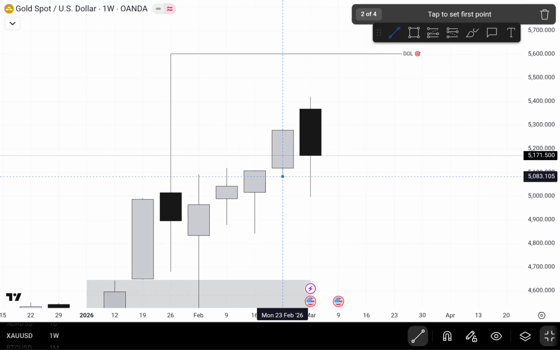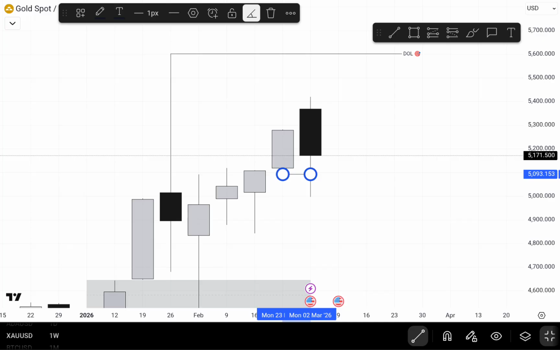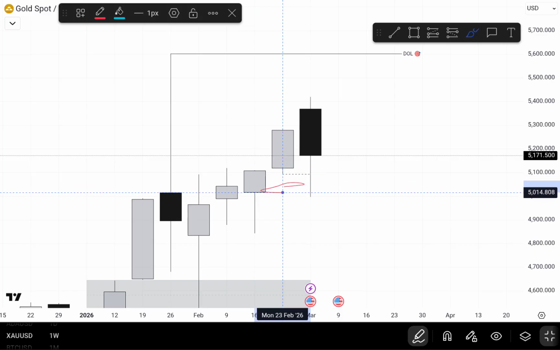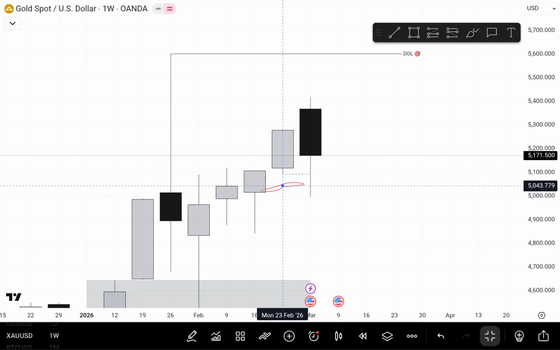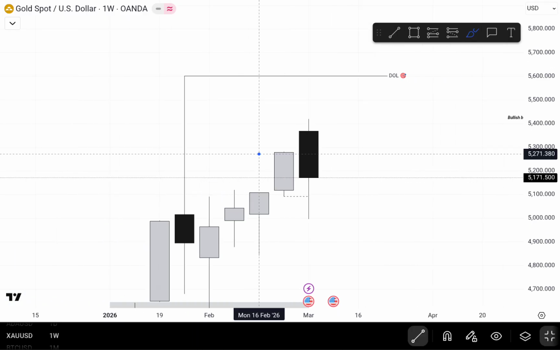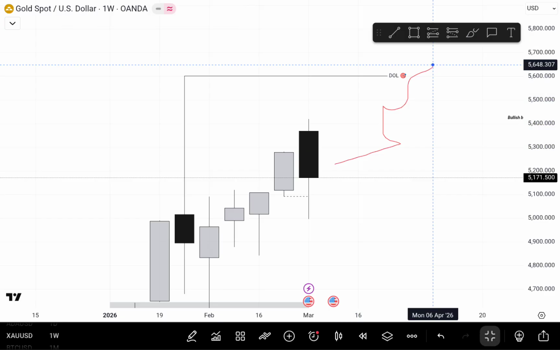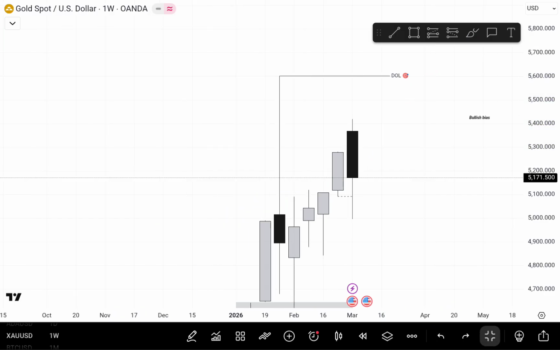So we respected the previous week's low, this candle's low, we shorted it. So I think price can continue pushing up. But we don't have any fair value gap on the weekly that we can use to push higher into this coming week.